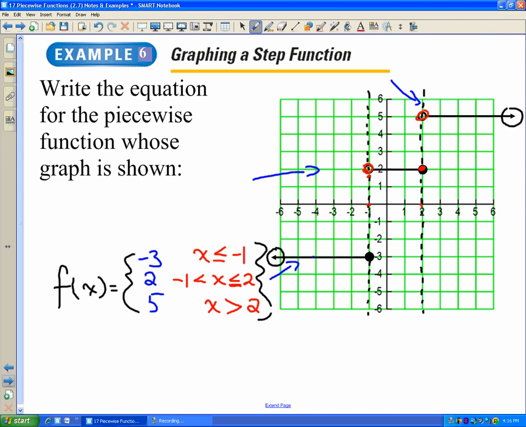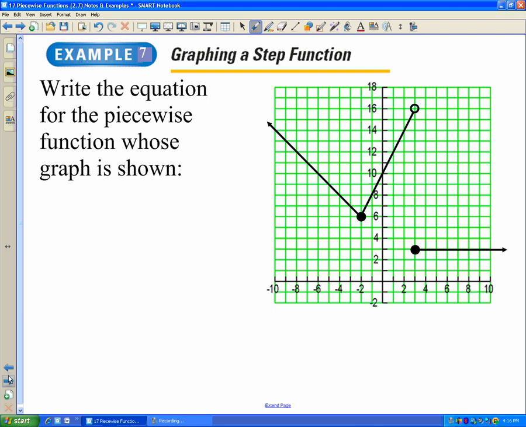My function is 2 from -1 to 2, open at -1, closed at 2, and my function is up here at 5 when x is greater than or equal to 2. That is my function from the graph.